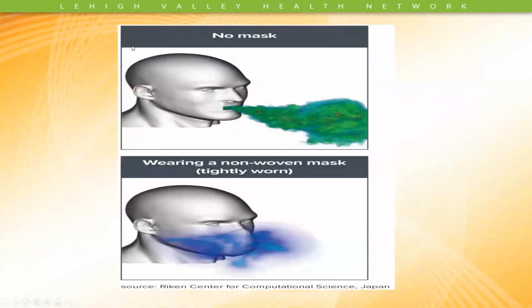And again, so no mask, this is the transmission, and this is with a tightly worn non-woven mask. You can see there is some transmission that does escape, but not anything comparable to the transmission that occurs in the unmasked individual.